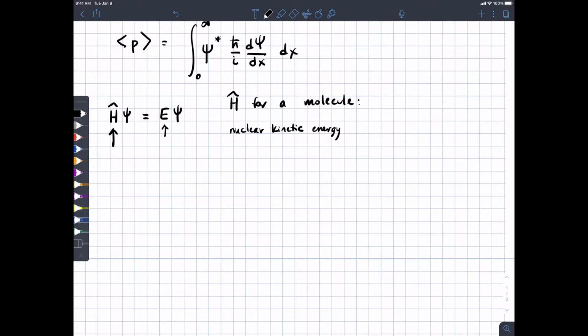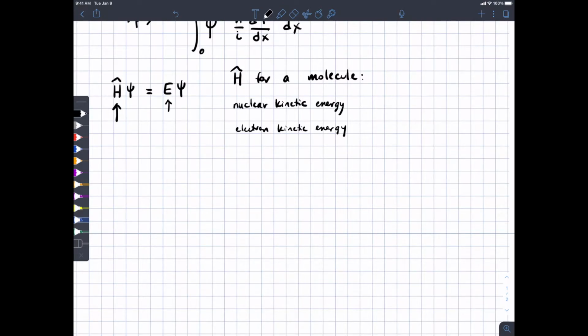Then you need to deal with electron kinetic energy. And then you've got to deal with potential energy, right? The two types of energy a particle can have are potential energy and kinetic energy. So let's deal with the potential energy part of the Hamiltonian.